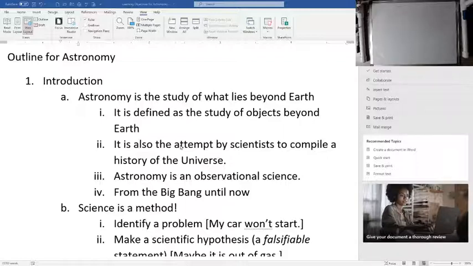And we can rarely go look at things, and certainly we can't look at anything, at least for the foreseeable future, beyond our solar system, which is the sun and its planets. Everything else is too far away. Astronomy goes from the Big Bang until now, and so that's 13 billion years or so.